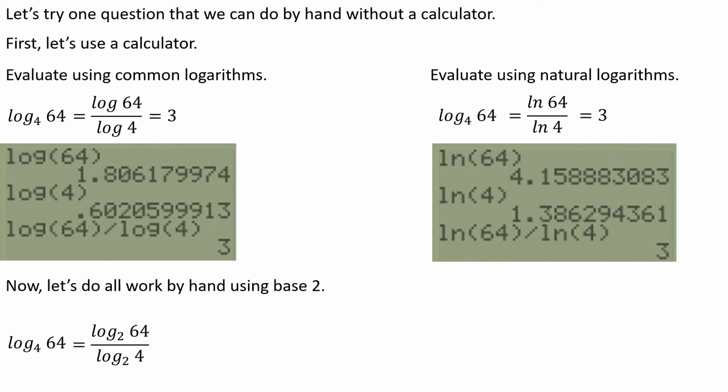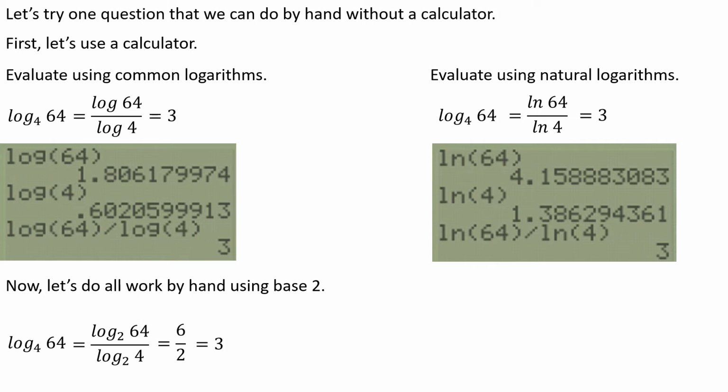So log base 2 of 64. 2 to some mysterious power makes 64. That's 6, right? 2 to the 6th power makes 64. Log base 2 of 4. 2 squared is 4. So I've got 6 over 2. And 6 divided by 2, oh my goodness gracious sakes alive. 3!